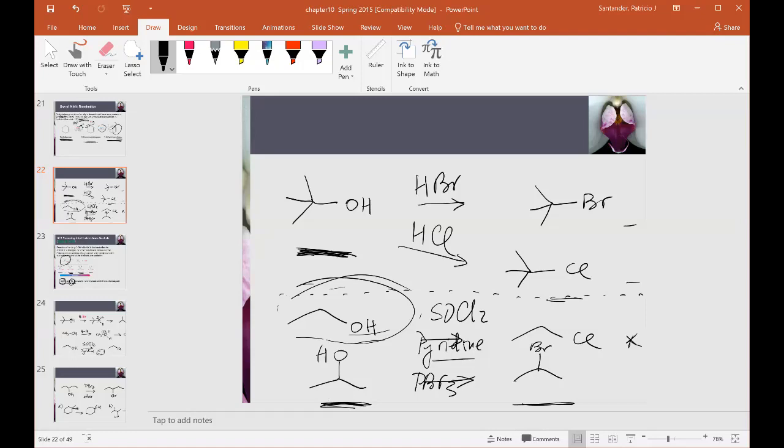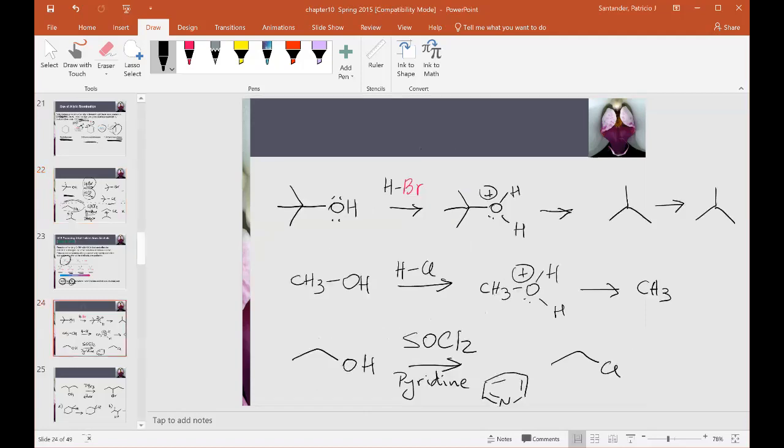Well, why is it that the tertiary works well with HBr or HCl and not the secondary or the primary? Well, the explanation can be given based on the mechanism of the reaction. So let's study this here.